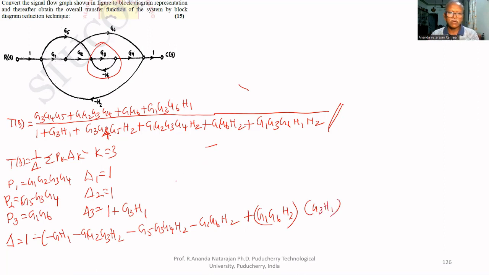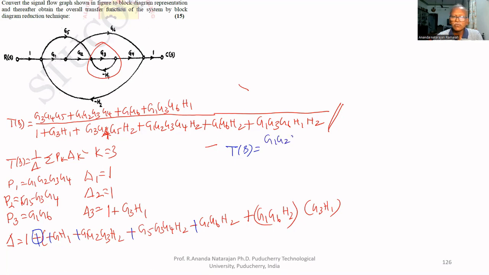Therefore, plus G1 G6 H2 times G3 H1. That's all about delta. These all become plus because of this minus sign. You can notice how quickly we are getting the answer for signal flow graph. That's why we can check for correctness.